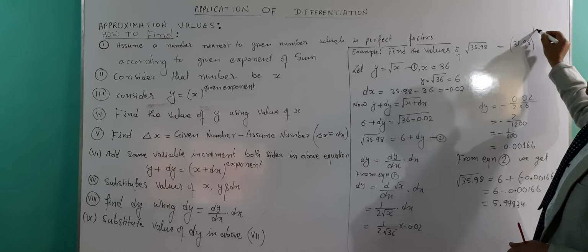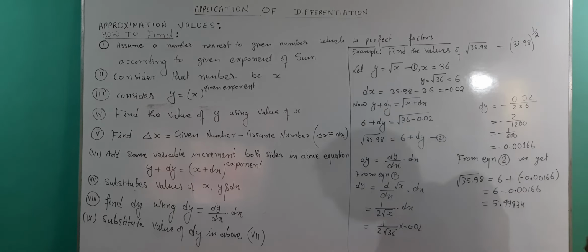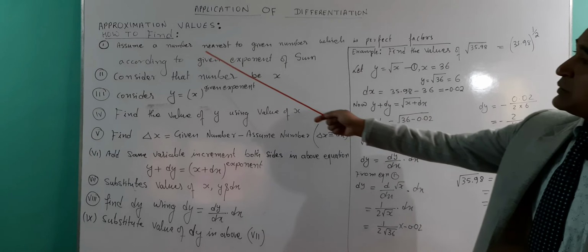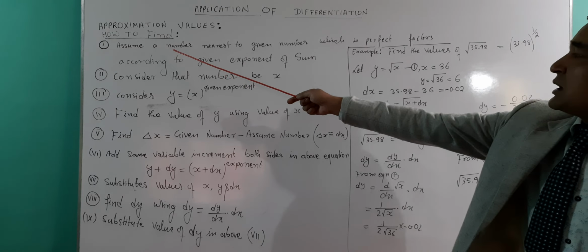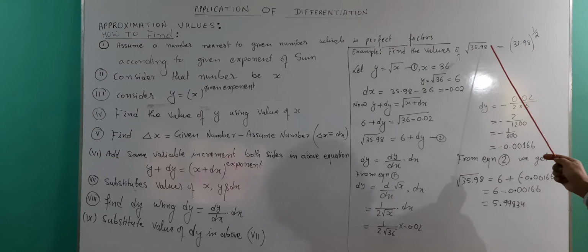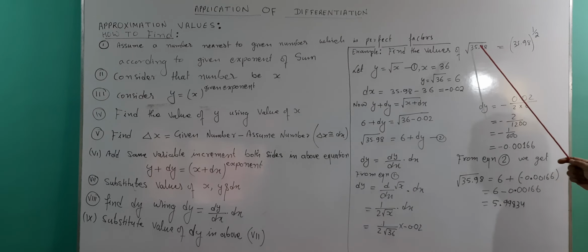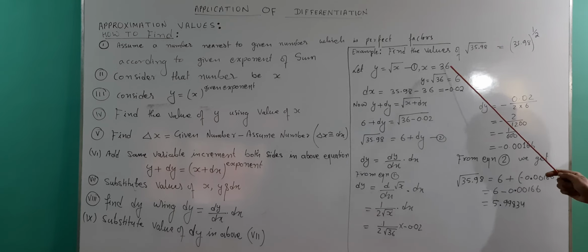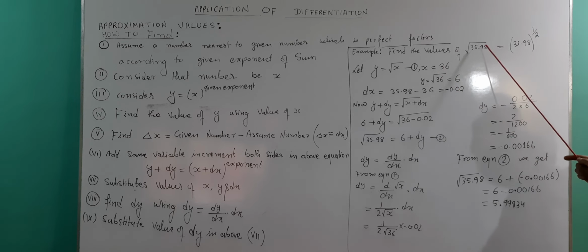According to the first step, we need to find the perfect number nearest to the given number. The given number is 35.98, and the perfect number nearest to it is 36. So we assume x equals 36.